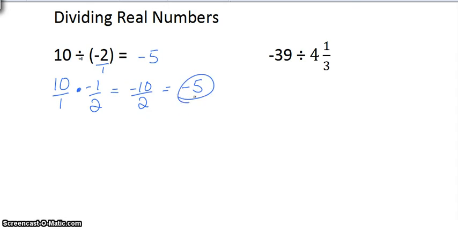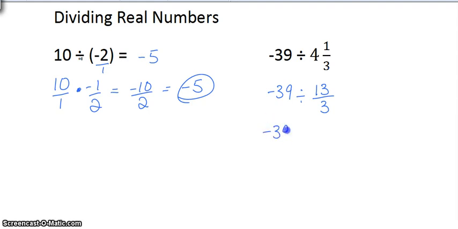Now -39 divided by 4 1/3. I have to be careful here. I have to change this to an improper fraction. So now I have -39 divided by, 3 times 4 gives me 12, plus 1 gives me 13, so now I have 13 over 3. Now I'm going to change it to multiplication.